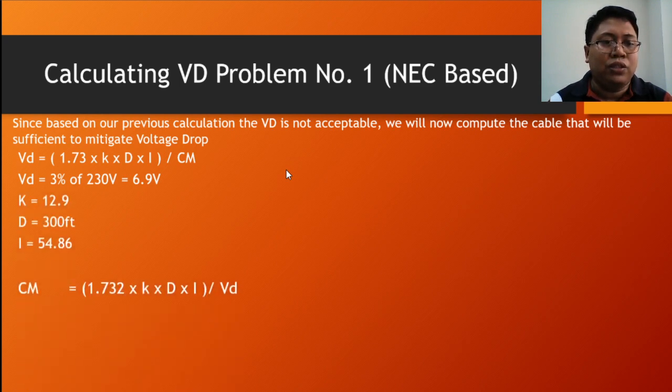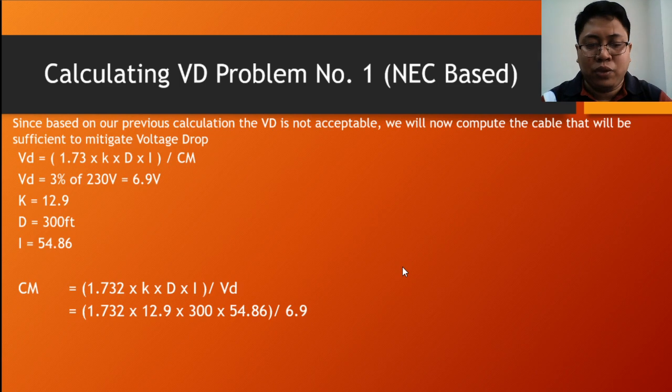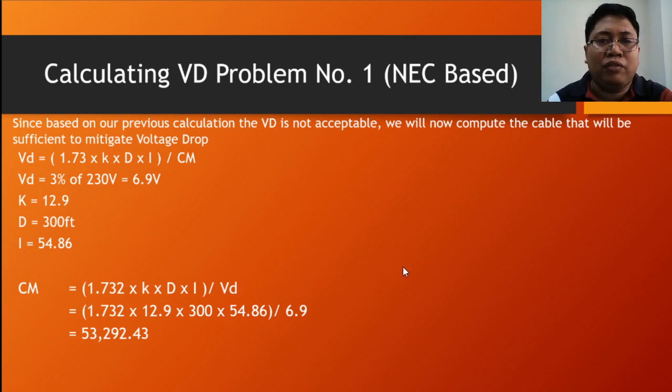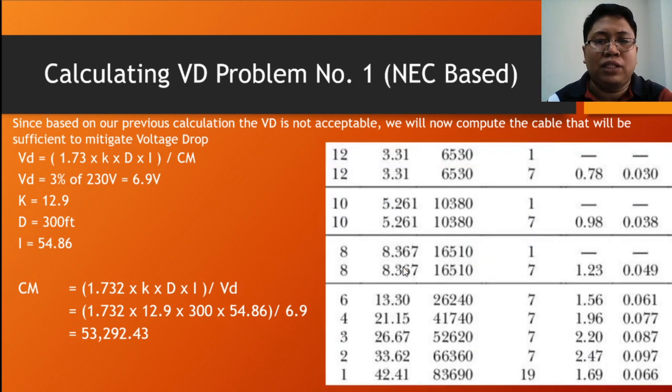Same values. So, 1.732 multiplied by 12.9 times 300 times 54.86, divided by 6.9, which results to 53,292.43.